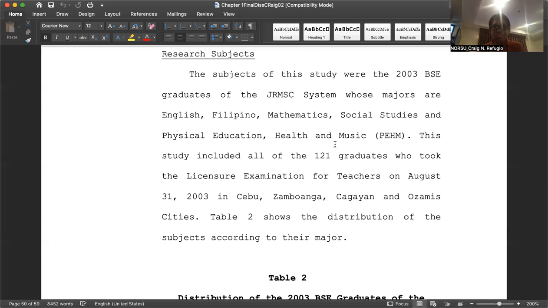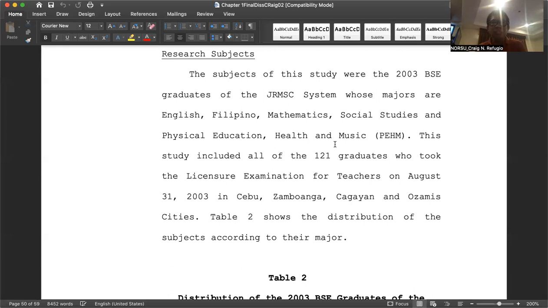If you're conducting an experimental design where the study does not involve the responses of the persons involved, then the term is research subjects or research participants. So here's an example. Research subjects. The subjects of this study were the 2003 BSA graduates of the JRMSC system, whose majors are English, Filipino, mathematics, social studies, and physical education, health, and music.